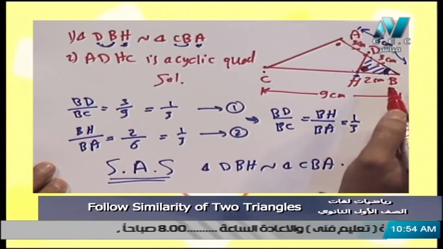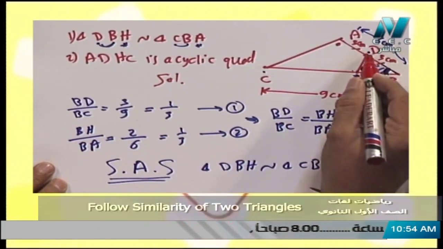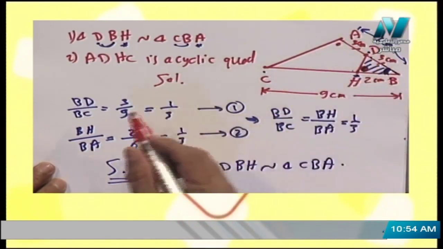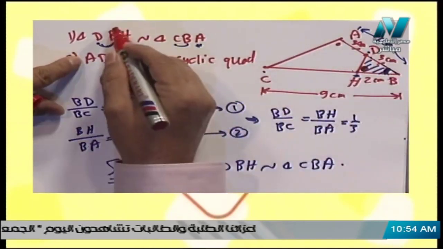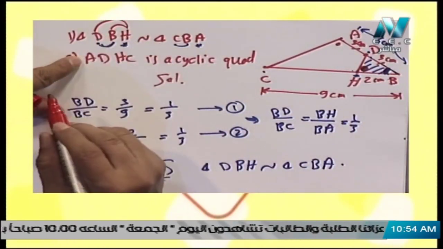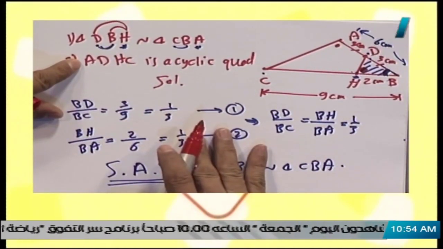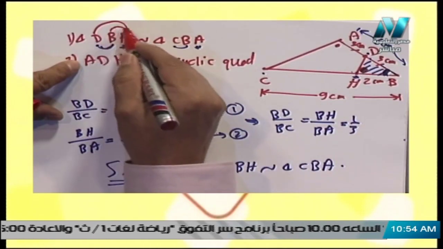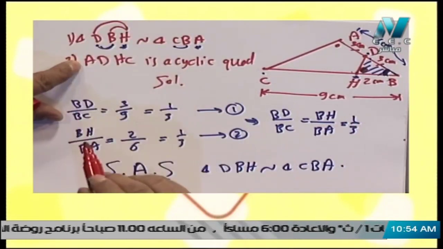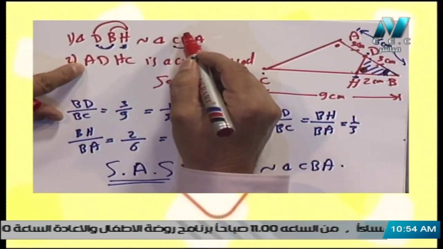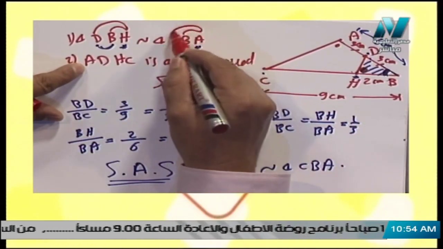So is the angle BHD equal to the angle A? Look here. The angle BHD. Look carefully at this arrangement. The angle BHD, of course, will be equal to the angle BAC.